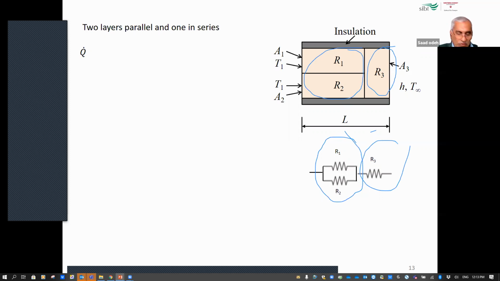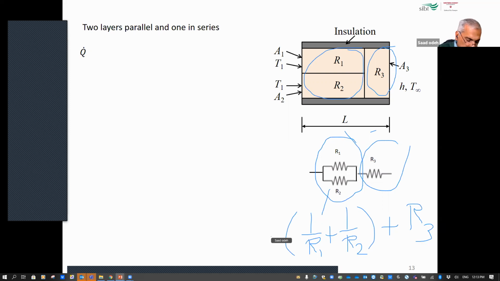Okay, so first of all, you need to find the R total for the first one here, which is 1 over R1 plus 1 over R2. So this is the combination of these two resistances. I must add them in series with R3 because R3 is connected to them in series.